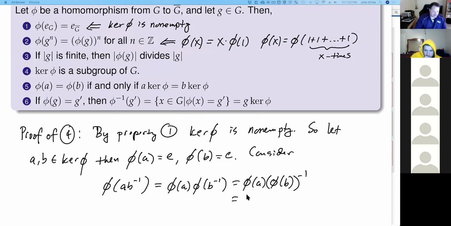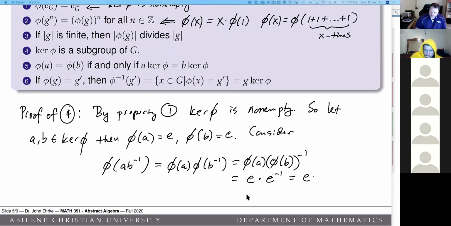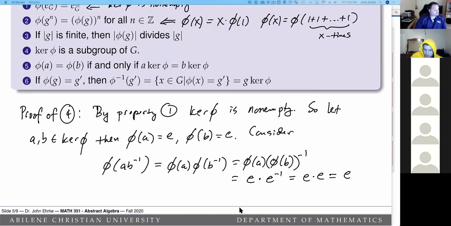So phi of A is the identity, and phi of B is the inverse of the identity. But we know the inverse of the identity is the identity, and the identity times the identity is the identity. So AB inverse, that product, gets sent to the identity. So that implies that AB inverse is an element of the kernel, which implies that the kernel is a subgroup of the domain.